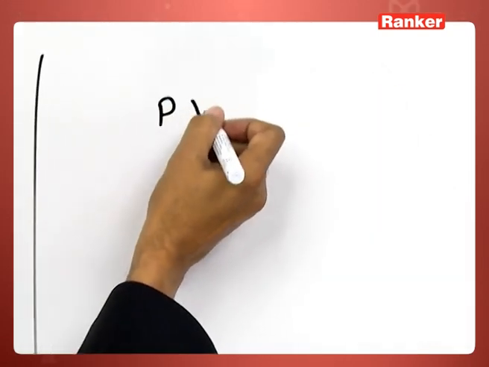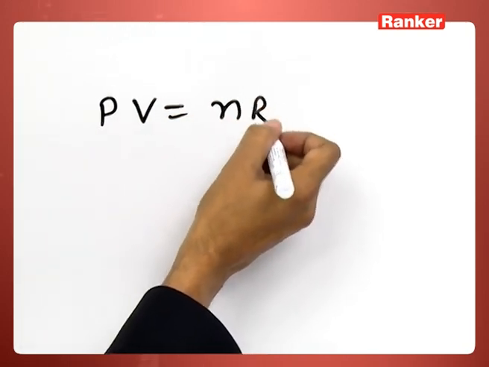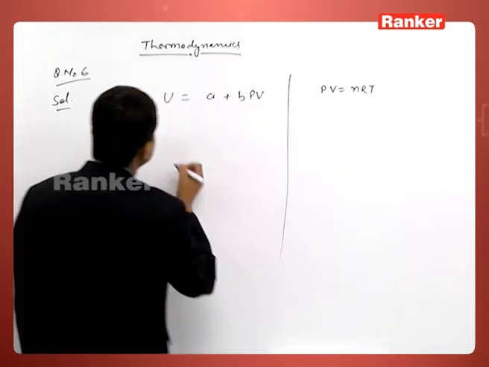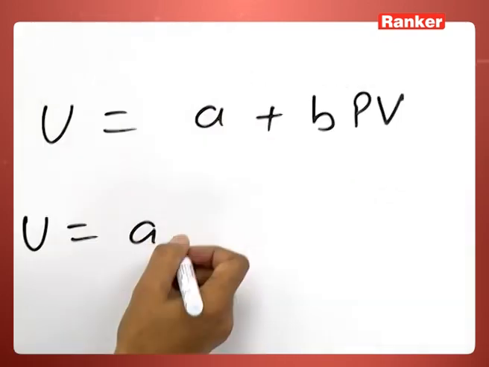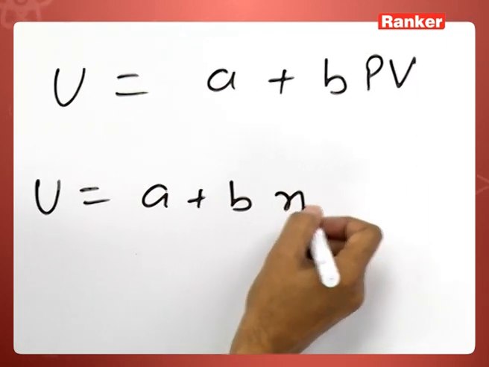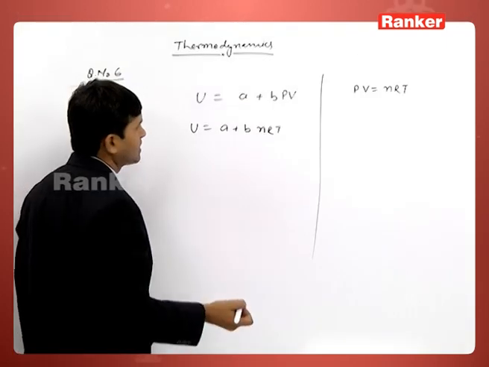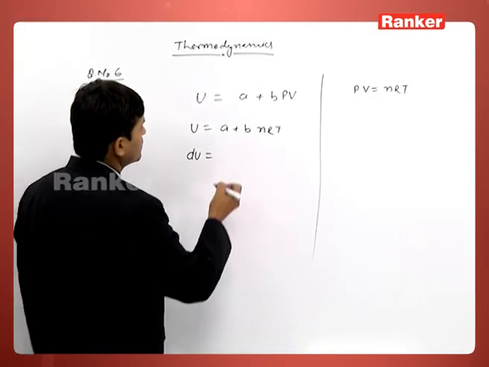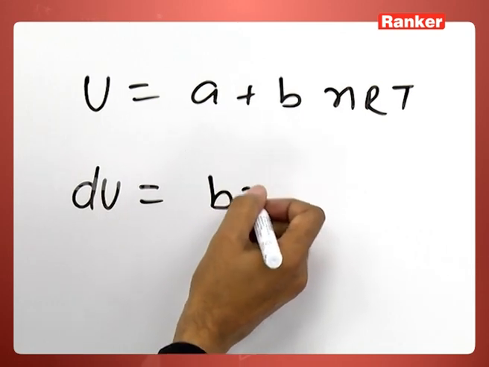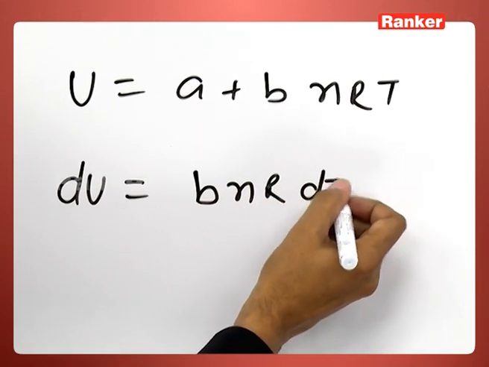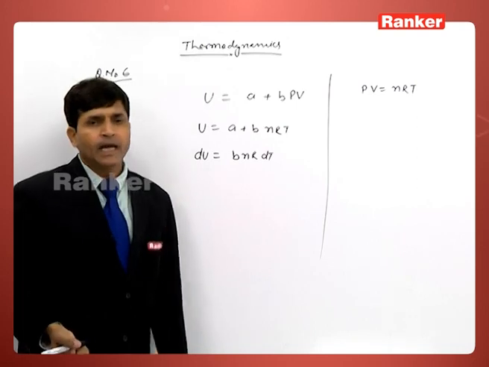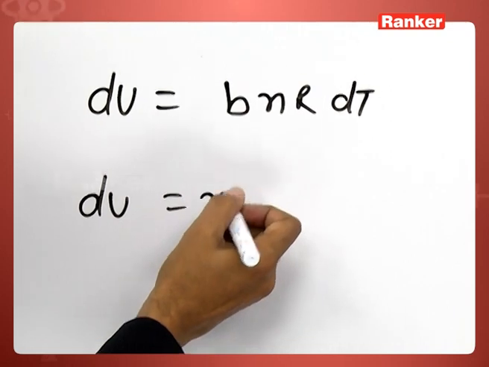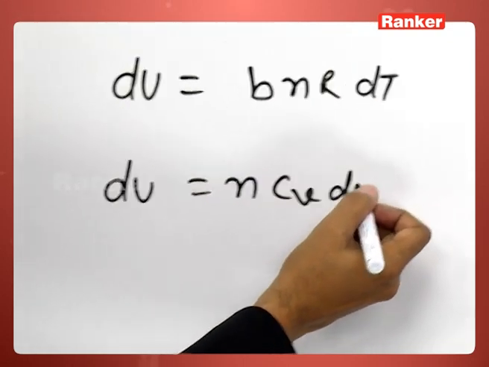As per the ideal gas equation, PV is equal to nRT, so we can write U is equal to A plus B nRT. Now the change in internal energy dU can be written as B nR dT, and as we know, change in internal energy can be written as n CV dT.